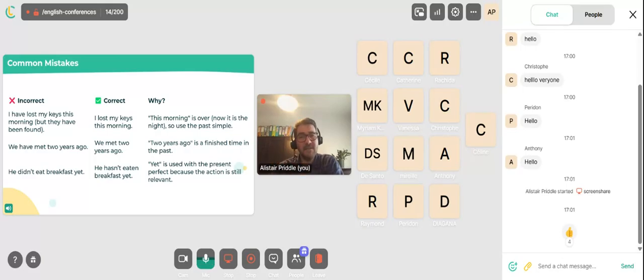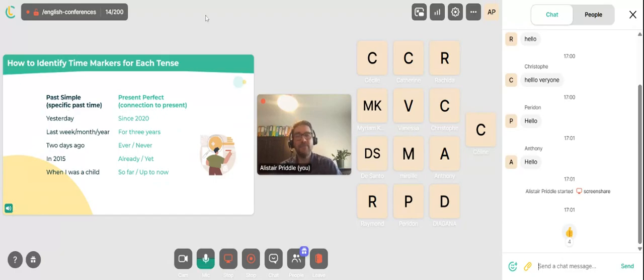So yet is another time marker or time phrase, and we use it in the present perfect, sorry, I beg your pardon, in a negative sentence or a question. Okay. Well, we're going to continue.